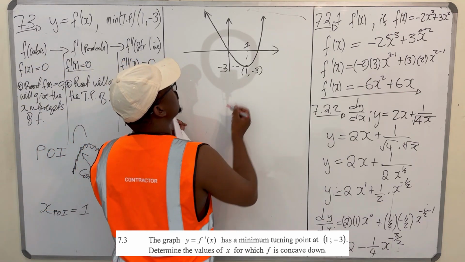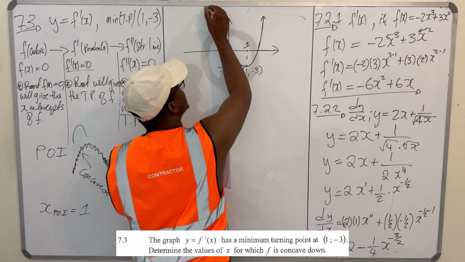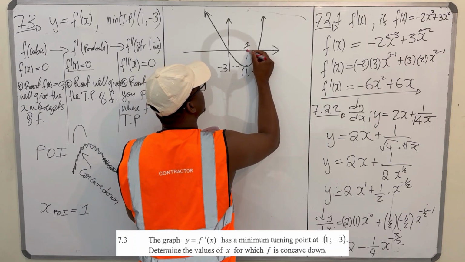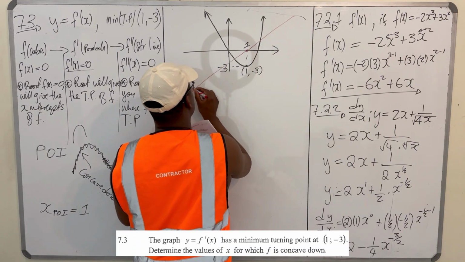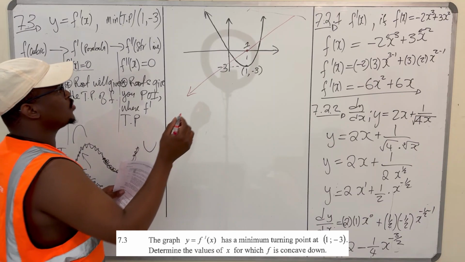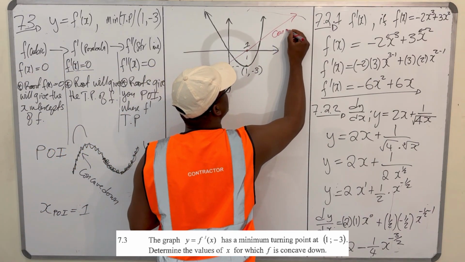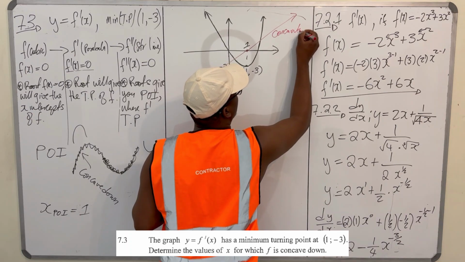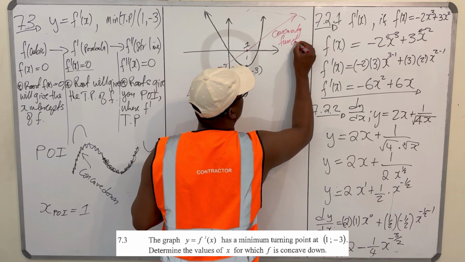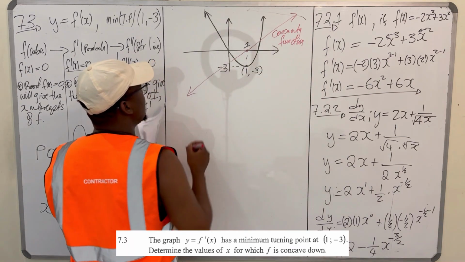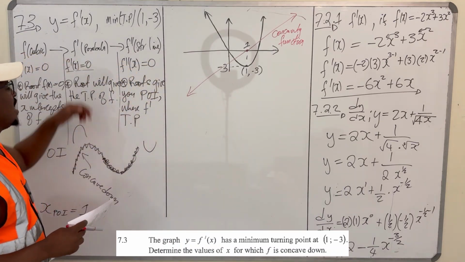Because this one is positive, the straight line will also be positive. So it will have a shape like this. Right? So this is the concavity function. And this one here, the black one, is the gradient function, which is f prime.